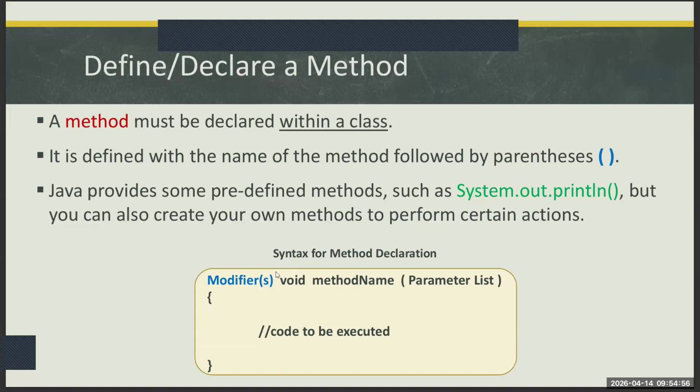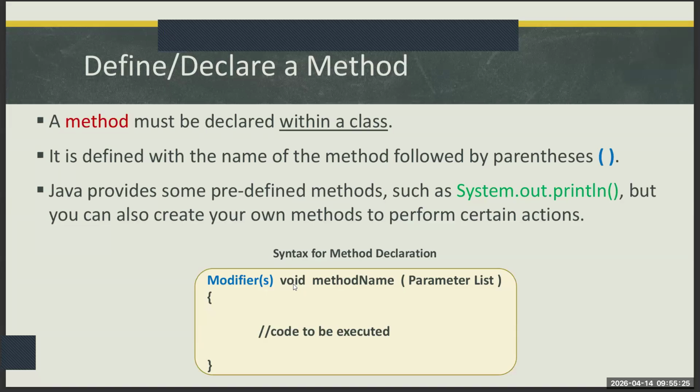And here we have void as the return type, which is not going to return any value. If you want to return a specific value, you have to know the data type of that value we are returning. So probably it's an integer, it's a character data type. And we can change this void to that specific data type that we want to return.